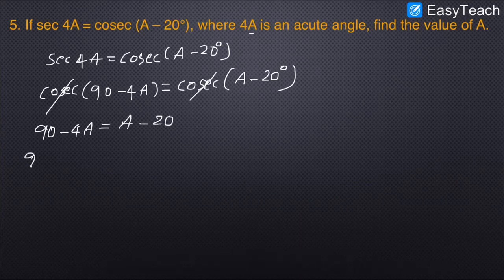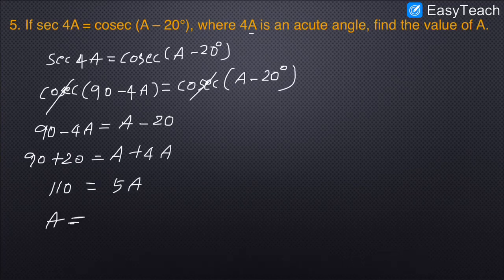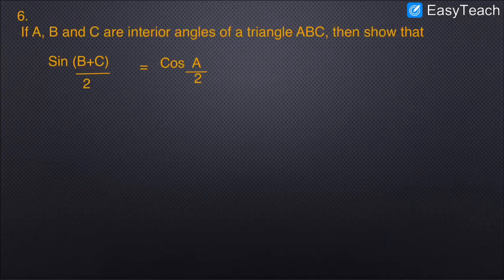If A and B and C are interior angles of a triangle ABC, then show that sin (B plus C) by 2 equal cos A by 2. Here we know the summation of the interior angles equal 180 degree in a triangle. So angle A plus angle B plus angle C equal 180 degree.